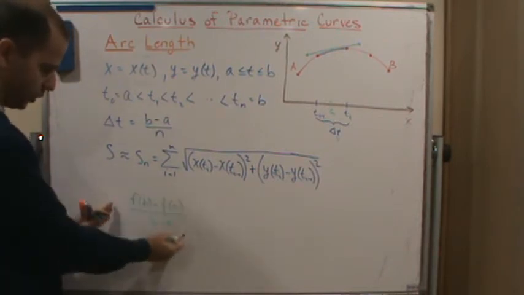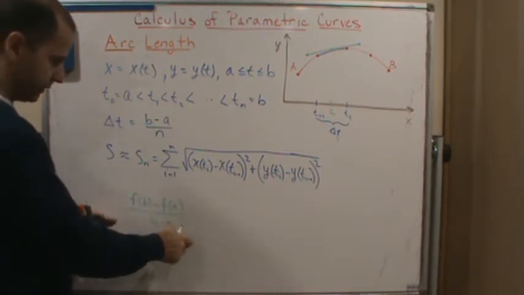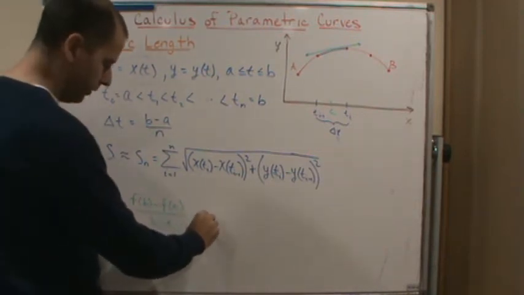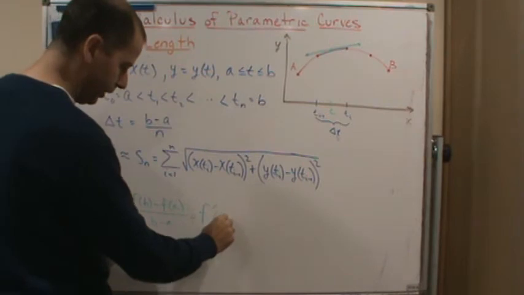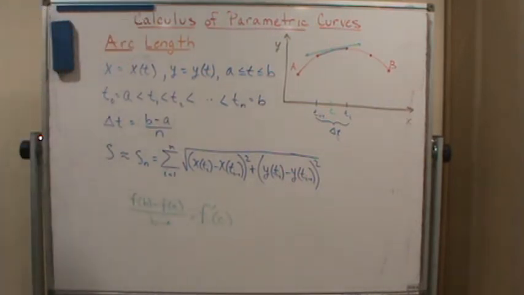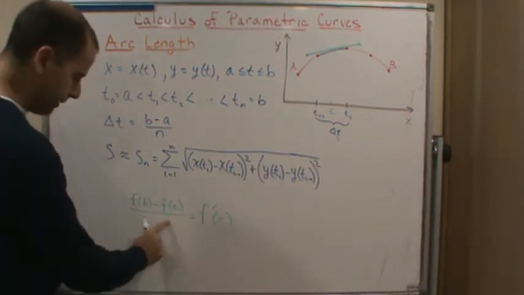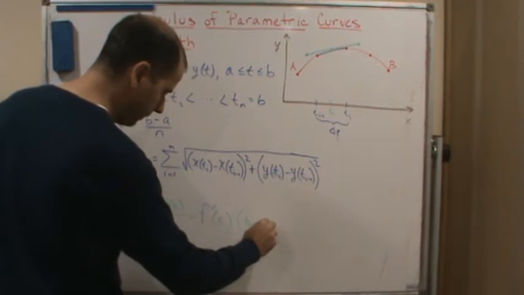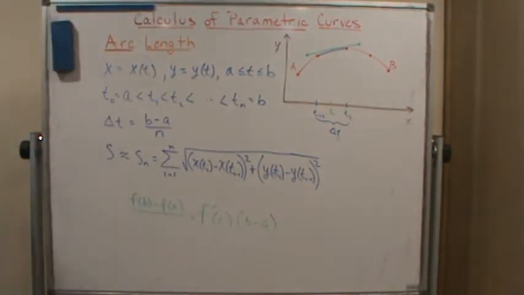So that's the mean value theorem. Now if I multiply both sides by b minus a, I get this.